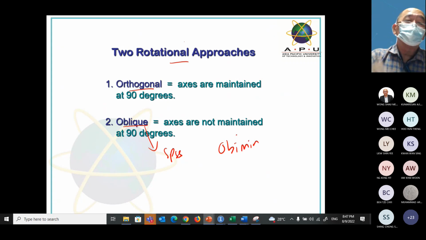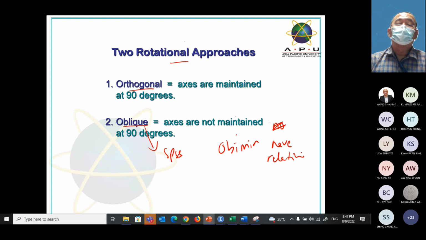What is the meaning? Oblique means they have a relationship between x and y, while orthogonal means no relationship.